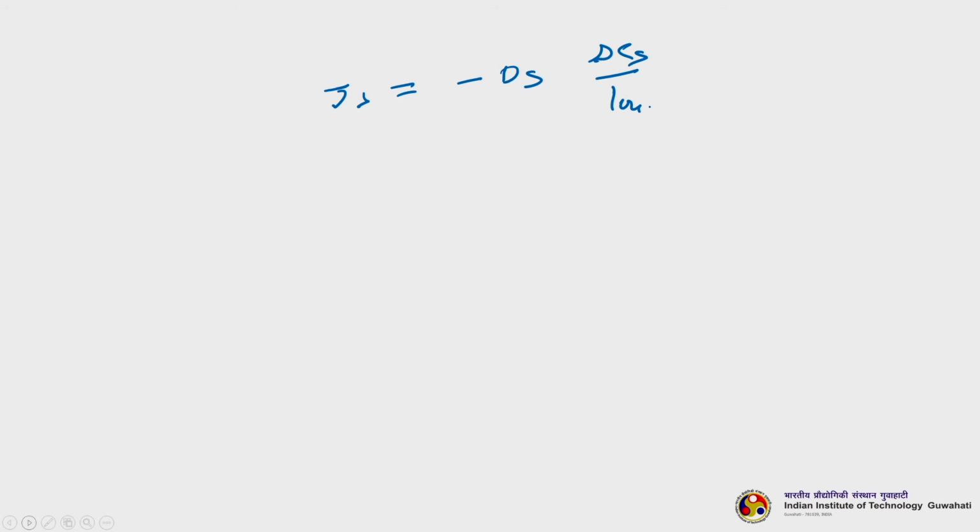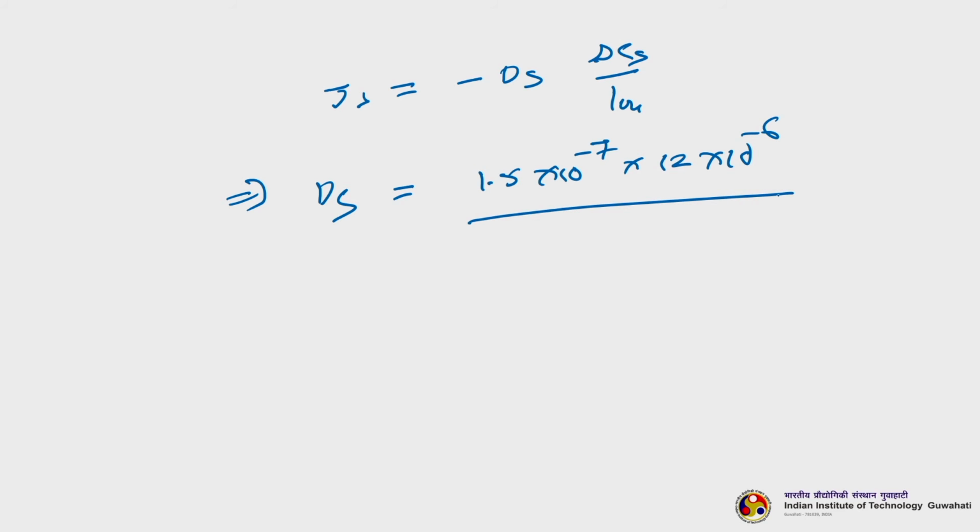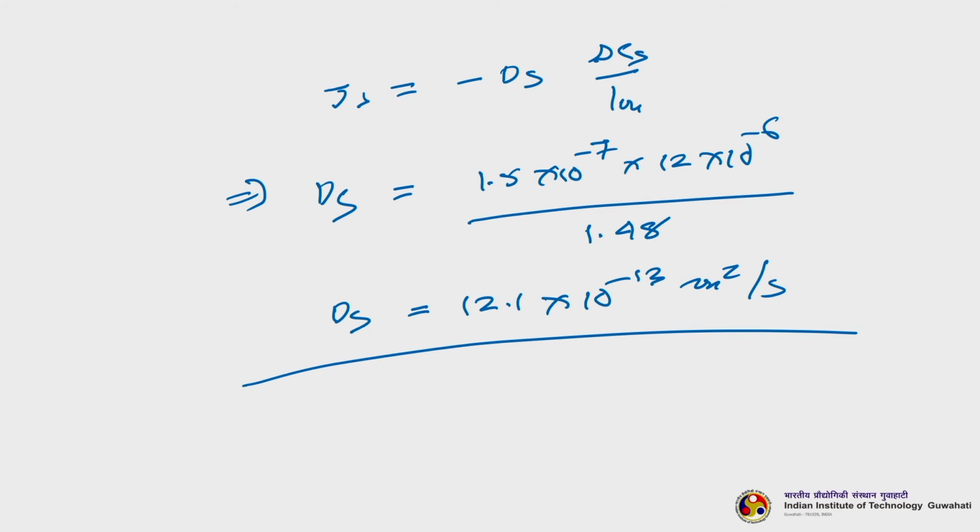So, here we can calculate ds, the salt diffusivity, equals 1.5 into 10 power of minus 7 into 12 into 10 power of minus 6, divided by delta Cs, which is 1.48. So, here ds equals 12.1 into 10 power of minus 13 meter square per second. So, this is your salt diffusivity.